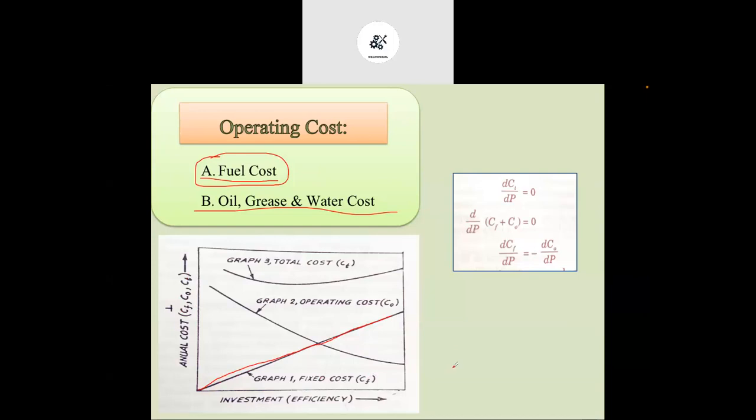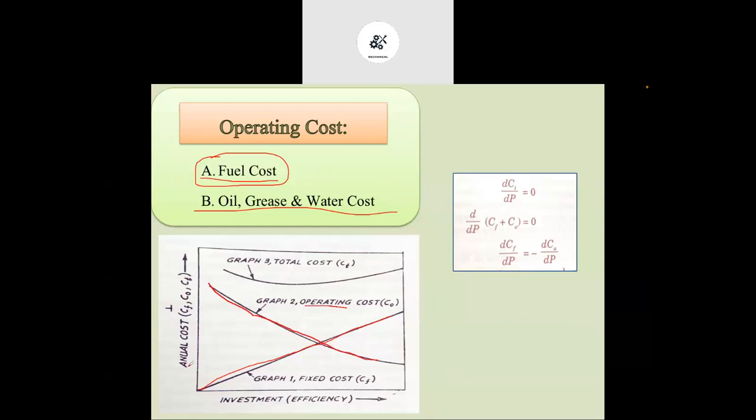And here you can see the fixed cost will increase linearly as we increase the capacity of that particular power plant. If we increase the investment, it means the capacity will increase. So as the capacity of that particular power plant increases, the annual cost will increase. That is regarding the fixed cost.